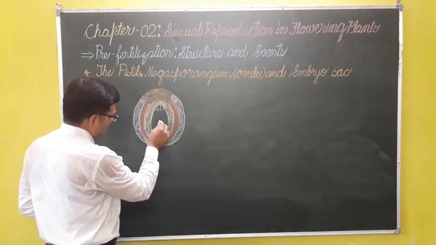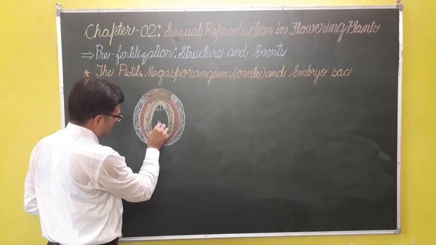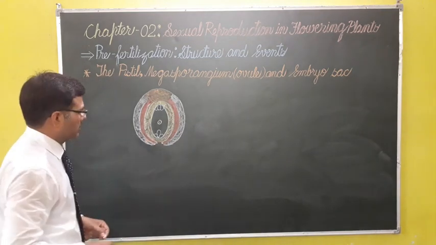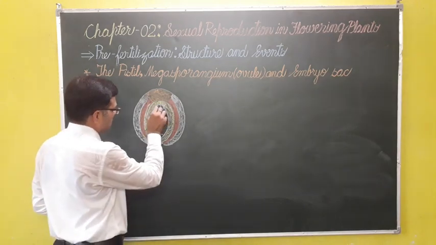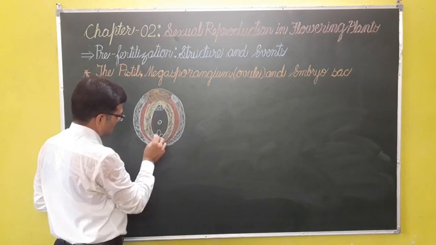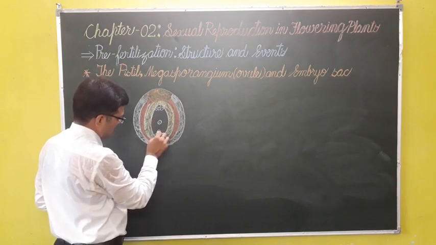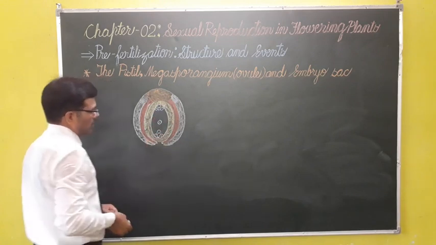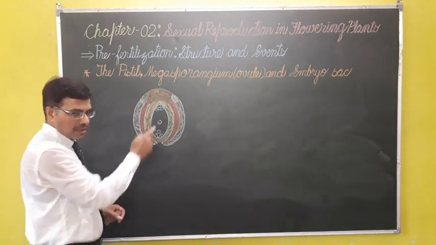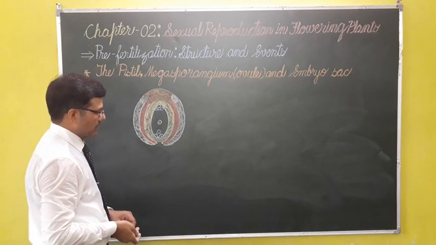Now at the center there is a nucleus which is called the secondary nucleus, and these are the cells. So I am drawing the nuclei here. This at the center is the embryo sac or female gametophyte.